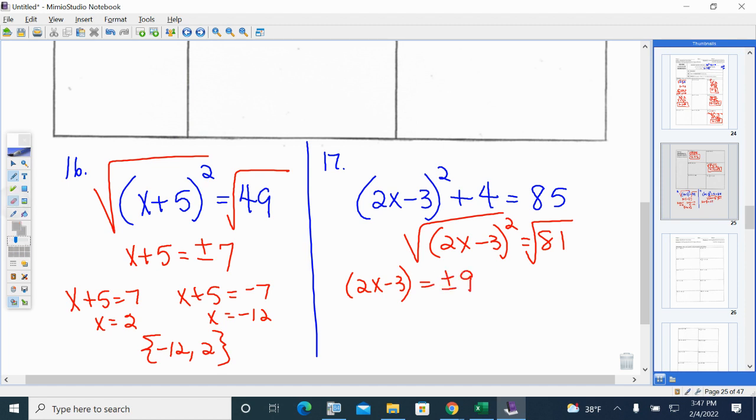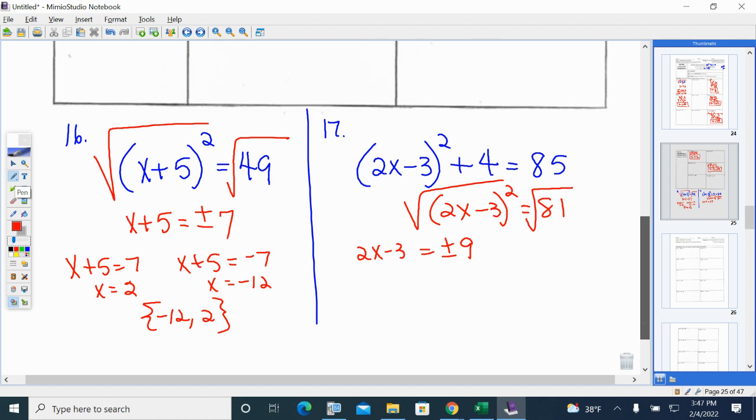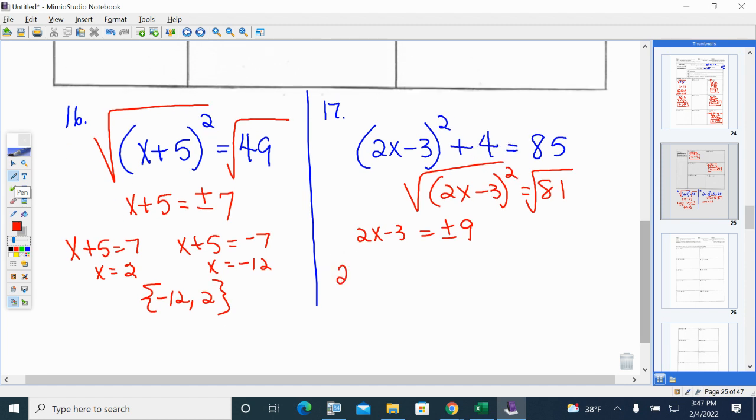And we really don't need those parentheses there. I'm going to erase those just because I don't need them. But at this point, we just need to set up our two equations: 2x minus 3 is equal to 9, and 2x minus 3 equals negative 9.